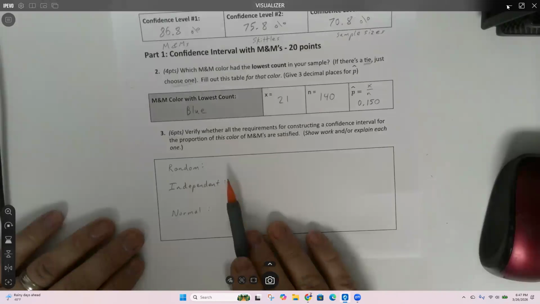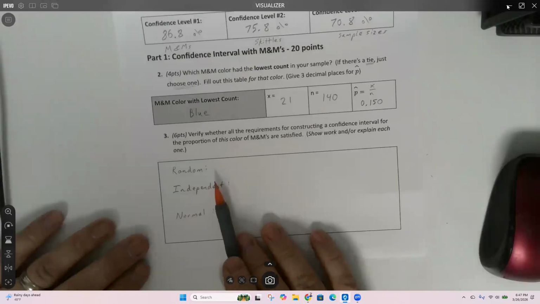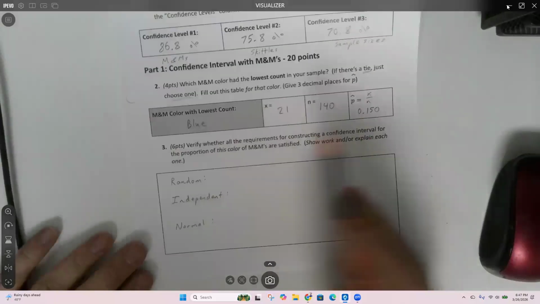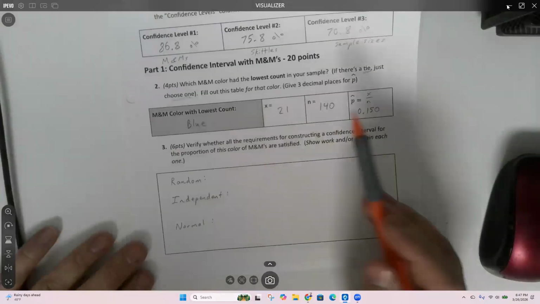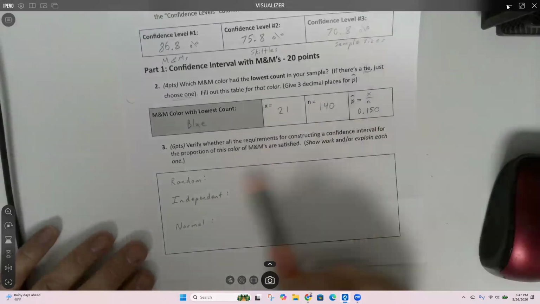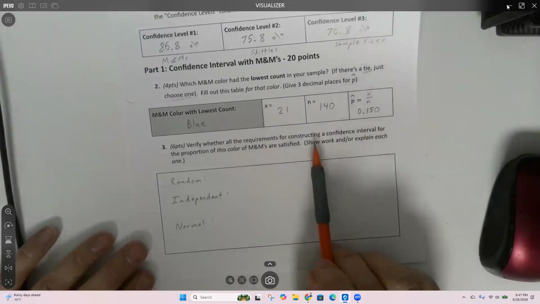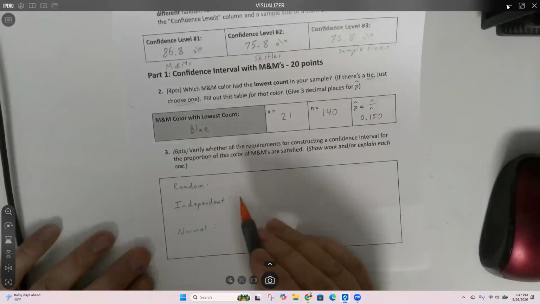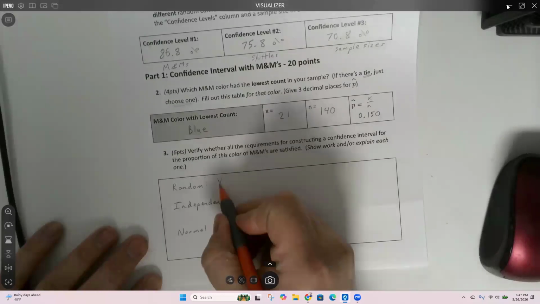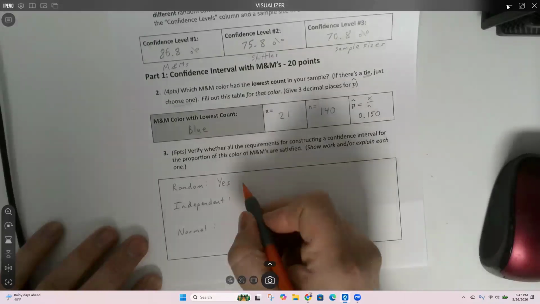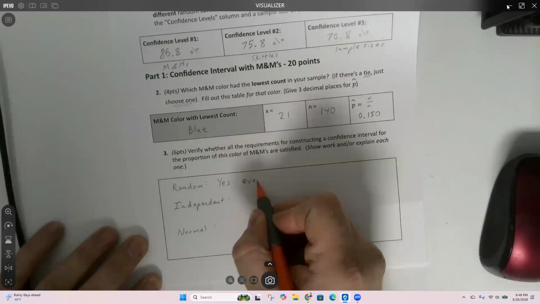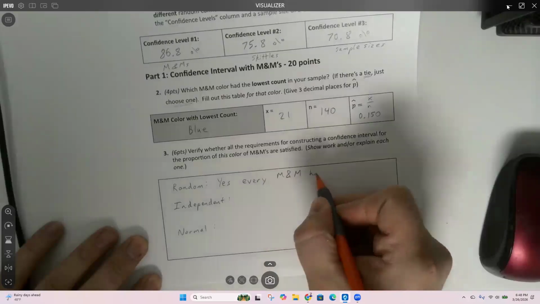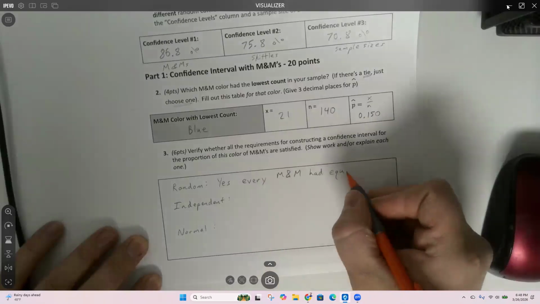So, random. Now in class, in our worksheets, like the chapter 9 review, we said that you just have to have the word random somewhere in your story problem. Well, we don't have that here. Instead, we have to base it on our candies. So it's still a yes, though, because every M&M had an equal chance of ending up in your bag, right?